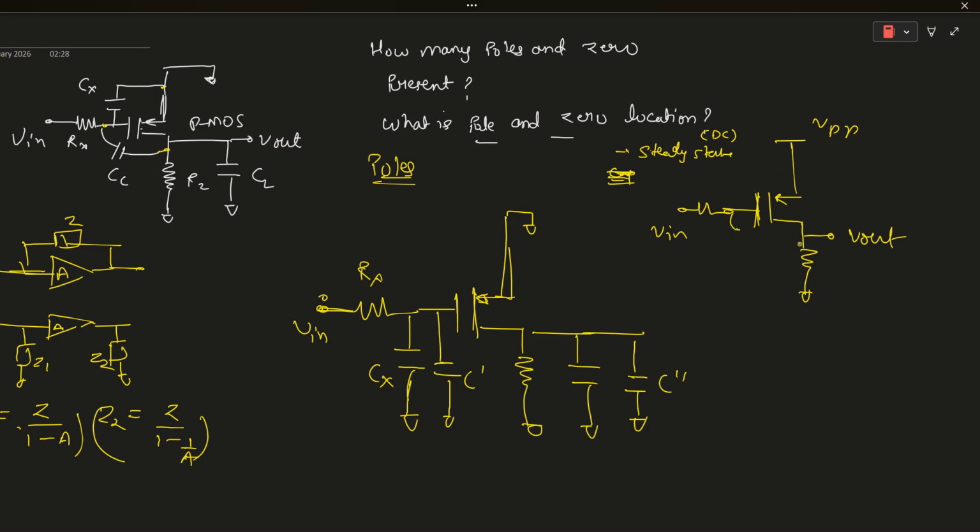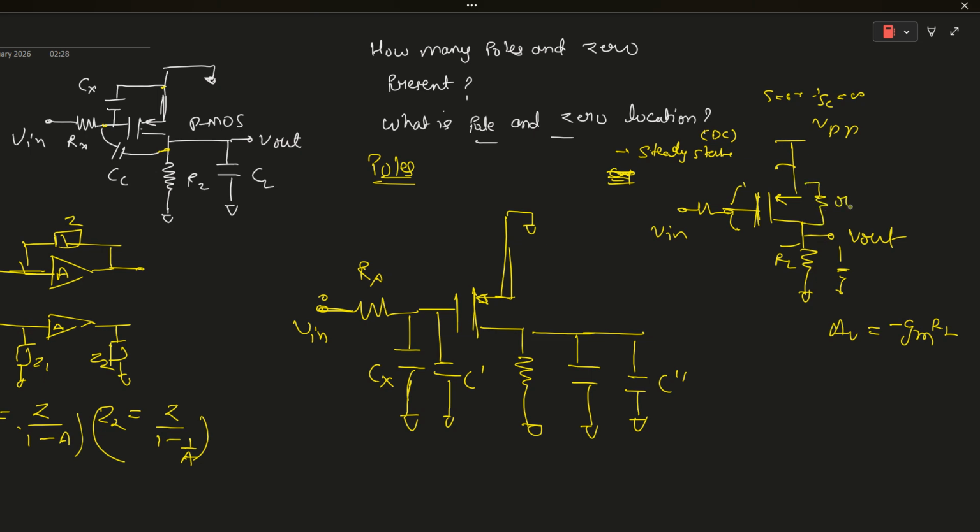Capacitors open, so there is no capacitance here, there is no capacitance here as well, as S equals 0. So impedance 1 upon SC will become infinite. So this is a normal gain circuit. The DC gain of the circuit is minus GM RL.